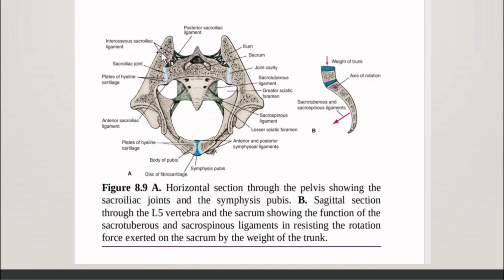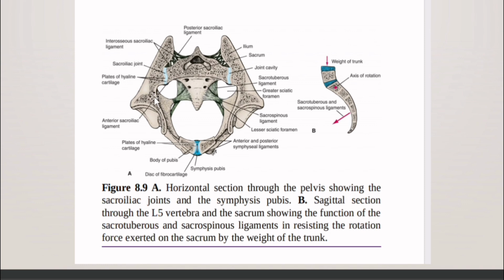Then we have ligaments which connect the ilium to the sacrum. We call them the posterior sacroiliac ligament, interosseous sacroiliac ligament, and the anterior sacroiliac ligament. So the anterior one is weak as compared to the posterior ones.